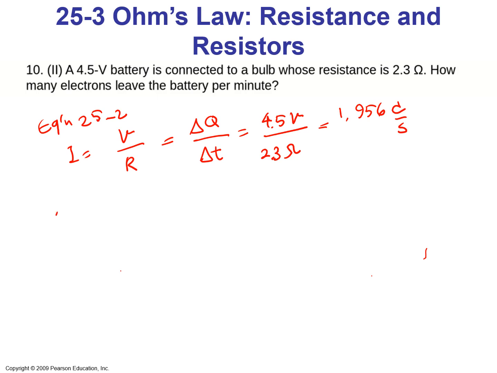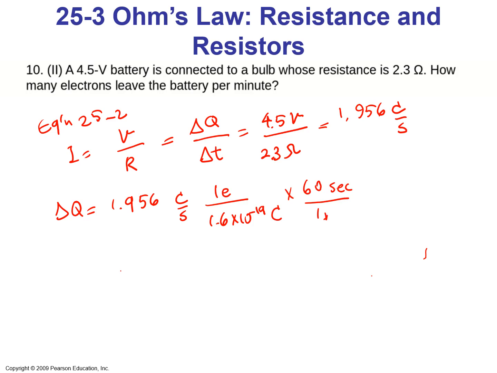So we say delta Q is equal to 1.956 coulomb per second multiplied by 1 electron per 1.6 times 10 to the power minus 19 coulomb, times 60 seconds in 1 minute. And that gives us 7.3 times 10 to the power 20 electrons per minute.